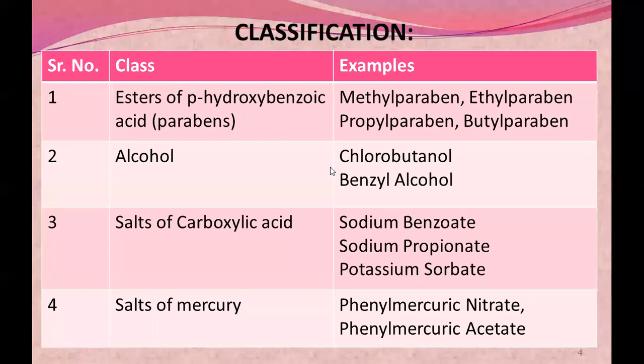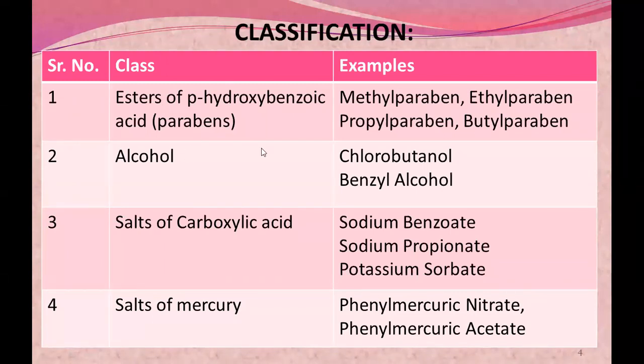Next is alcohol used as preservative. Examples are chlorobutanol and benzyl alcohol. Salts of carboxylic acids are used as preservatives. Examples are sodium salt of benzoic acid, sodium salt of propanoic acid, and potassium salt of sorbic acid.